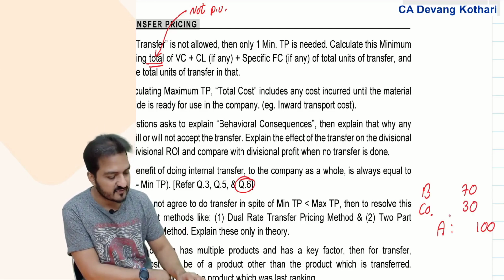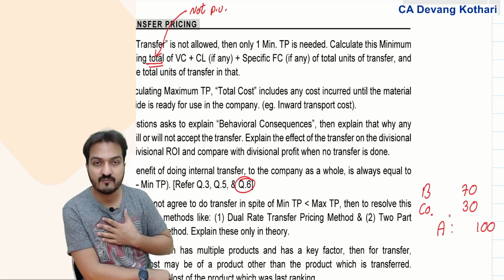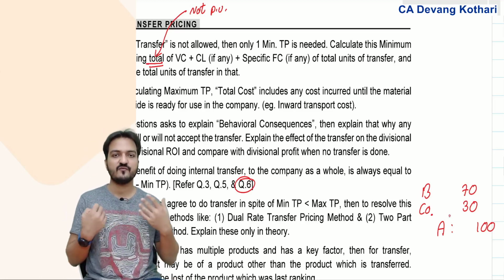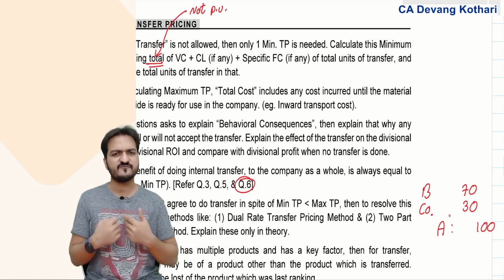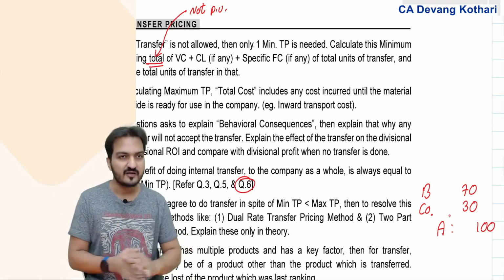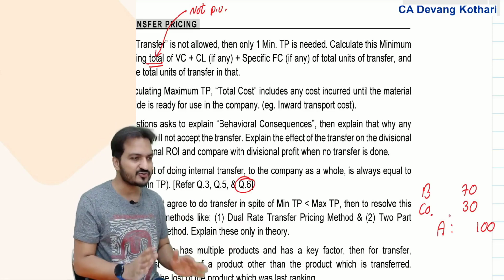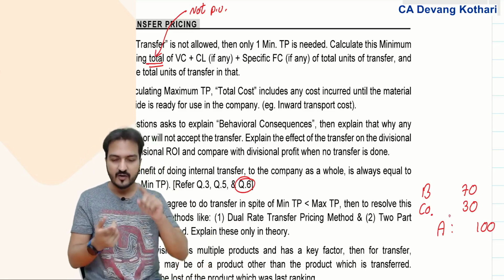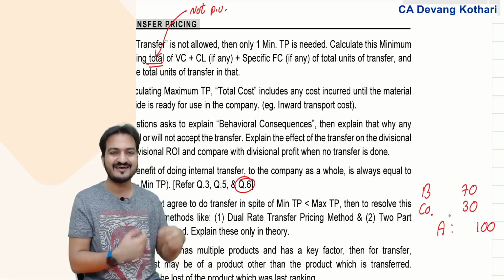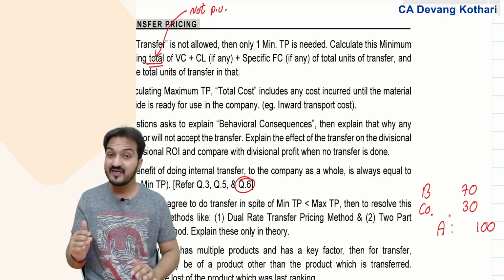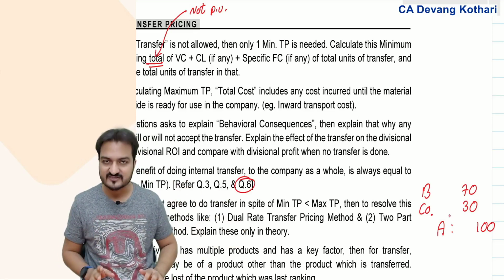It is in fact the method where the general manager is finally fed up of the divisional managers. They both keep on fighting. So finally I say, do whatever you want to do. Division A will now record at the higher price 100. Division B will record the purchase at the lesser cost 70.